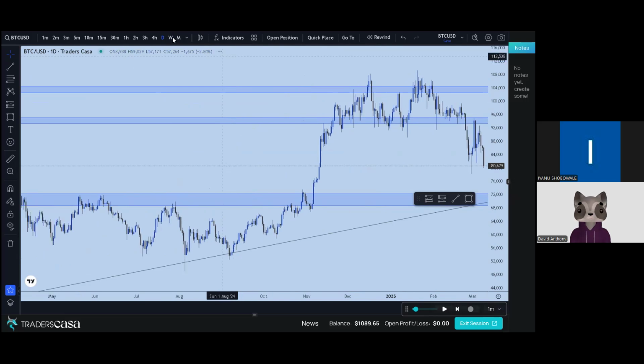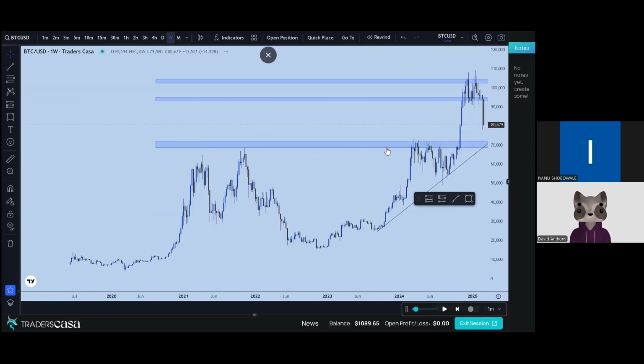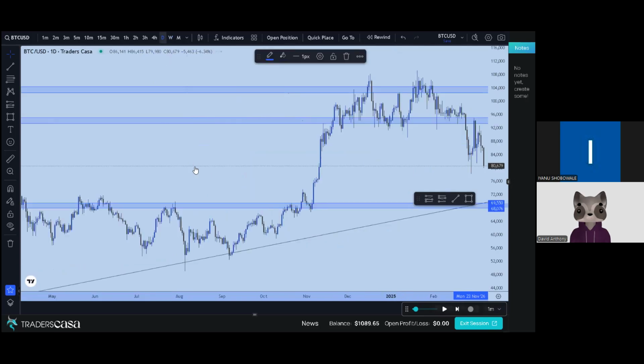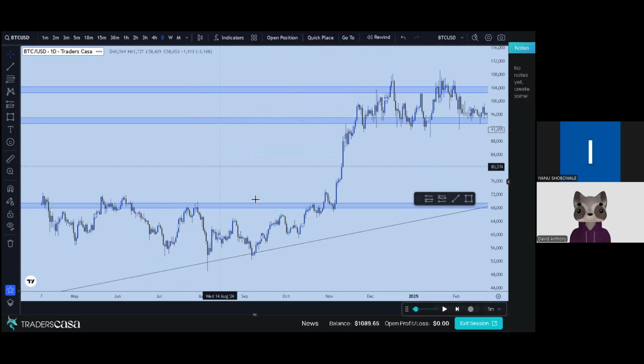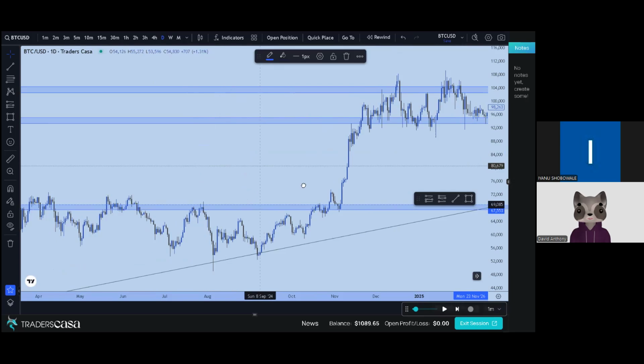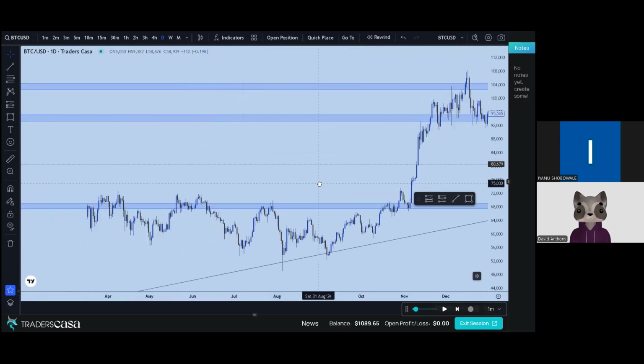I have to just do it in such a way that it aligns more. So I think it's better if I do it like this. Yeah. Okay. I think it's better like this.